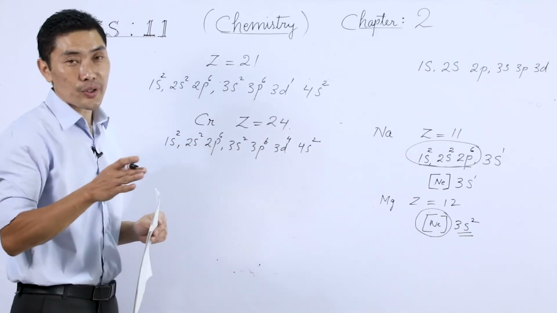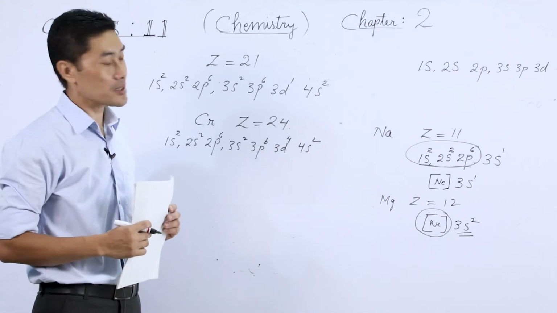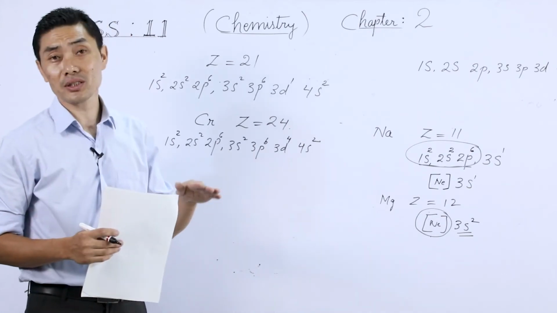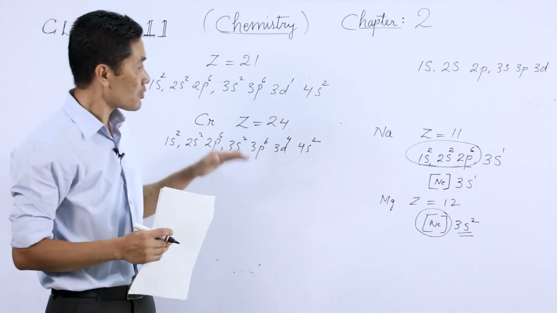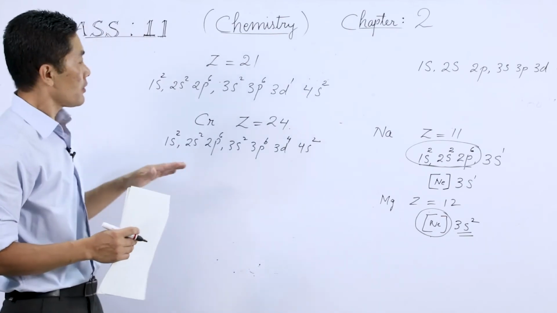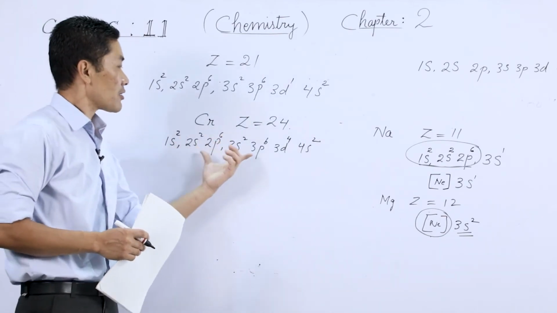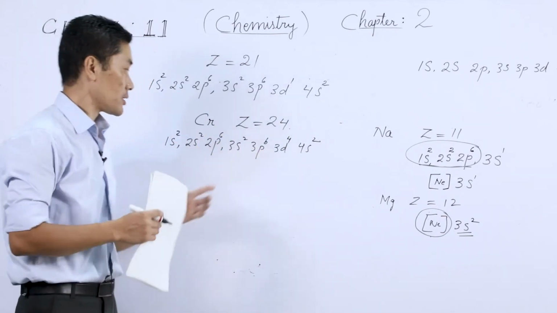If we follow the 3 rules that we have discussed, Pauli's exclusion principle, Aufbau principle, and Hund's rule, then the configuration of chromium should be written like this.